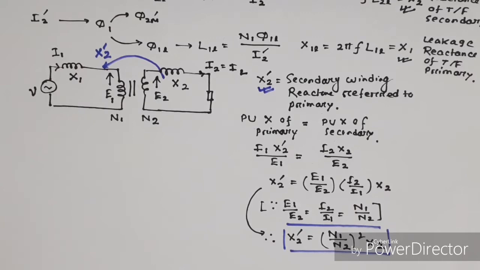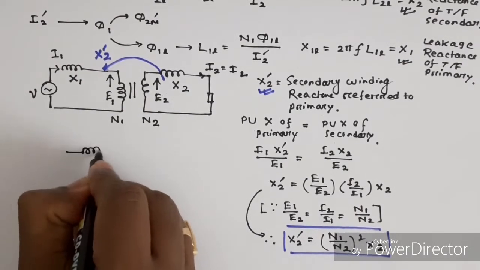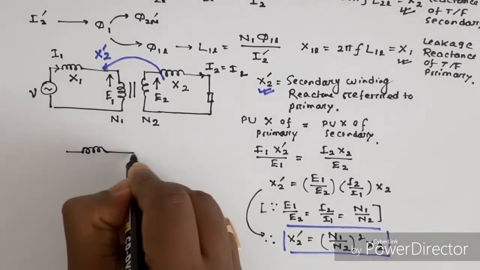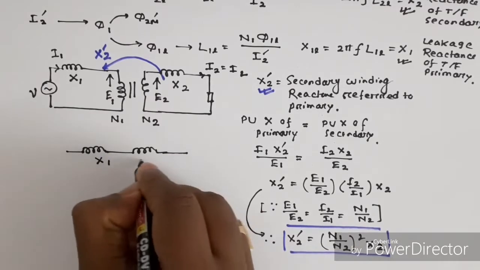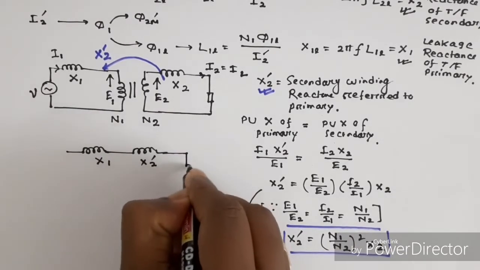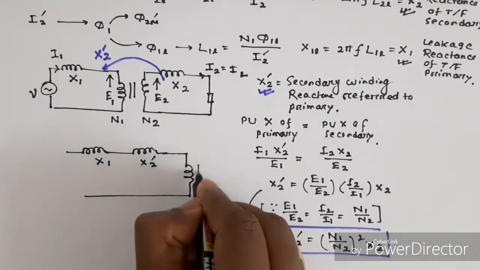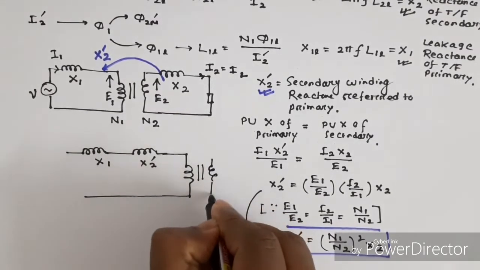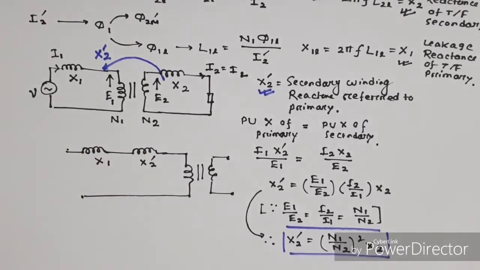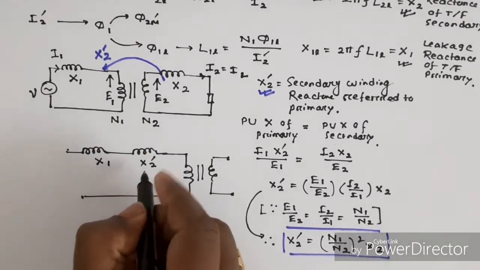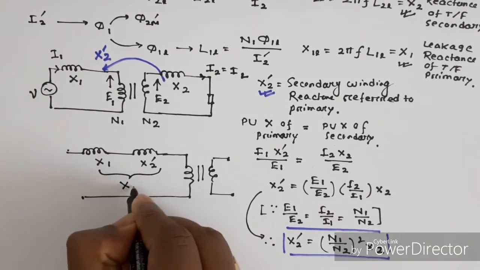Therefore, we can draw the equivalent circuit like this. This is the X1, this is the X2 dash, this is the transformer. This X1 plus X2 dash together is called X01.